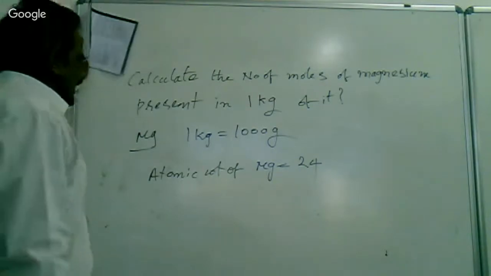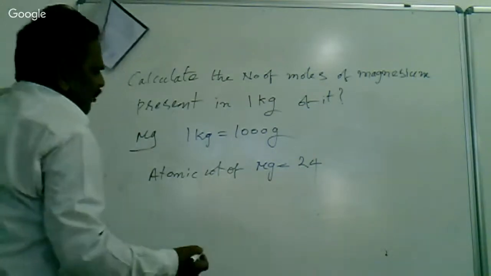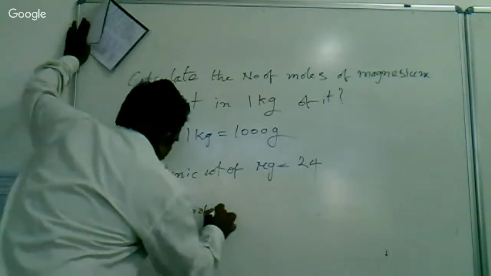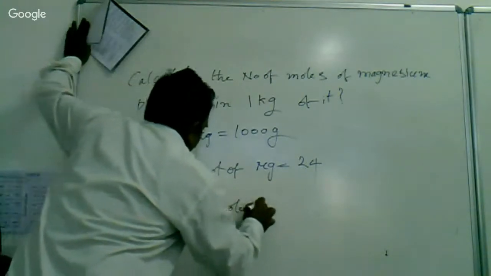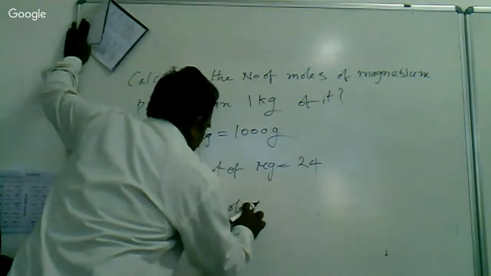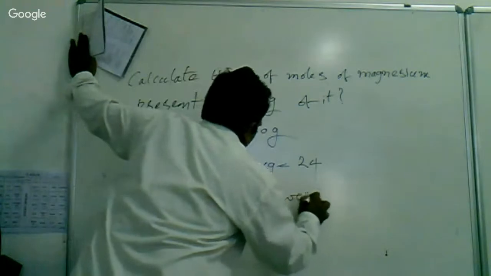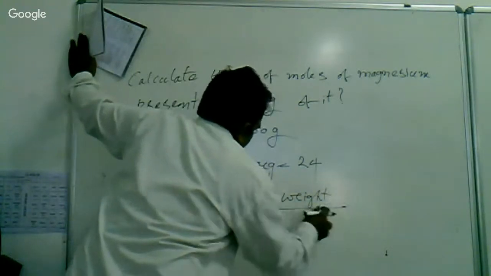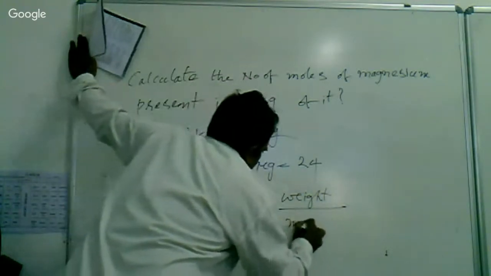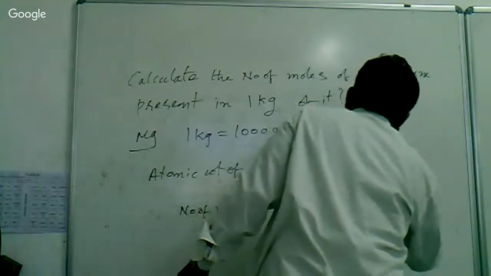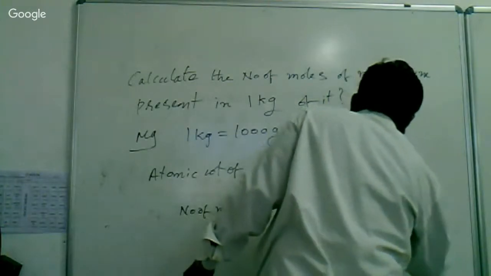So just, number of moles you get as weight by molecular weight. Number of moles is equal to weight by molecular weight. So weight is given as 1000 and molecular weight is 24.